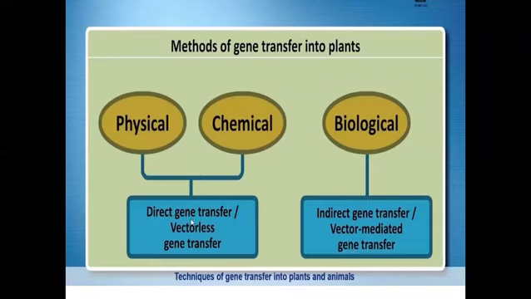In direct gene transfer techniques, the selected desired genes are directly inserted into selected target cells by the direct physical and chemical methods. In the biological method, the selected tDNA is inserted into a plasmid to form rDNA. rDNAs are inserted into plant cells through vectors.